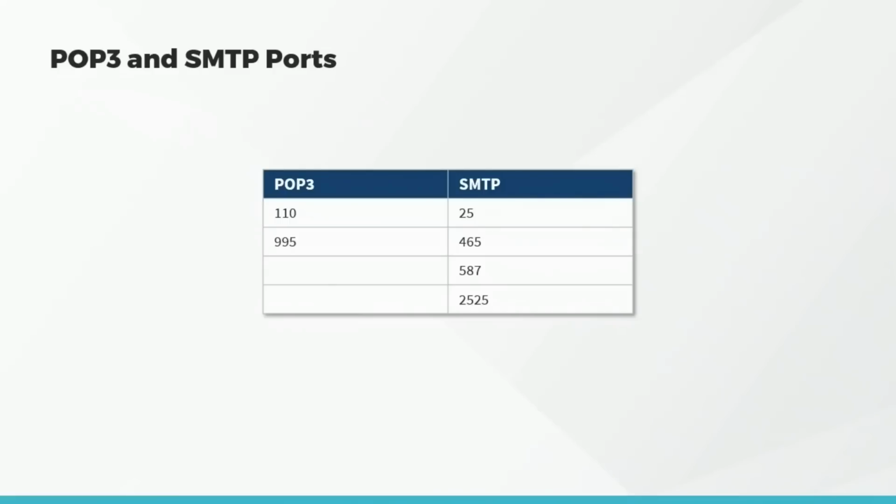Likewise, SMTP can use port 465 for an implicit secured connection, but 465 has largely been deprecated in favor of port 587 as the preferred port for secure SMTP, and 2525 is often used as an alternative to 25 for when encryption is supported but not required.